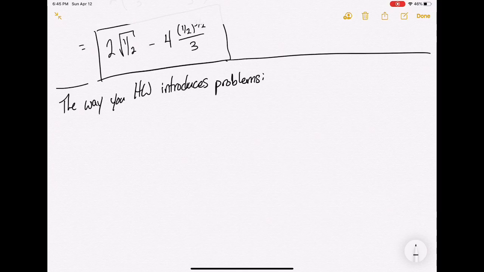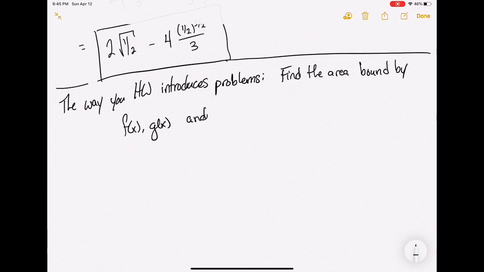It'll say something like, find the area bound by f of x, g of x, and the vertical lines x equals a and x equals b.